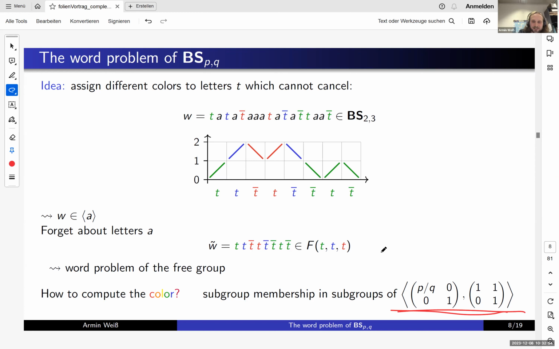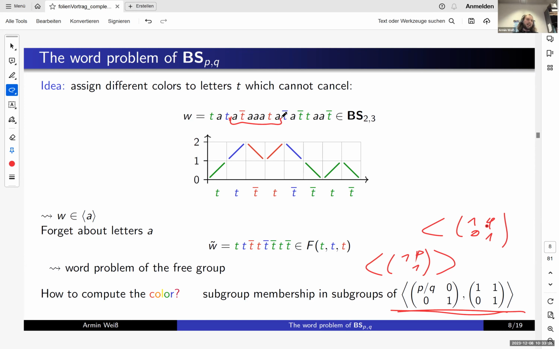And we just check membership for this subgroup, or for the one for q. So we check some factor, like if we check these blue T's, we check this red factor, whether it's in the respective subgroup. And if it is, then the two T's get the same color, otherwise they don't.